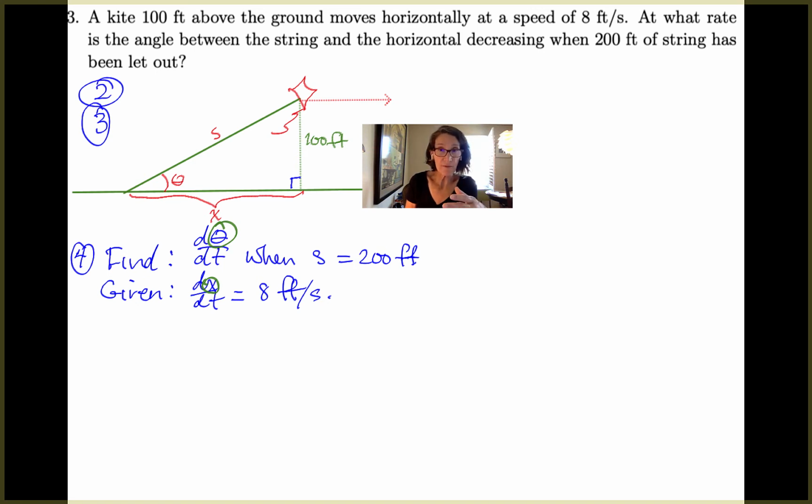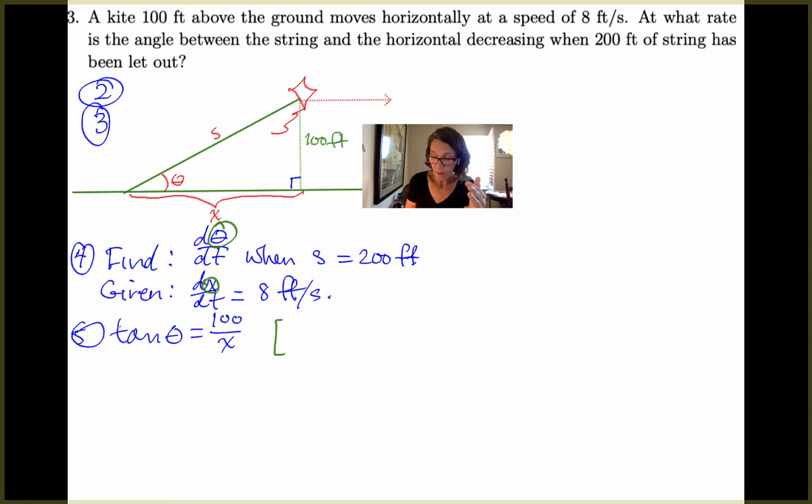You just need to have everything in terms of x and theta. So the equation we all decided to use, or I recommended that we use, I think a student came up with this, and I said, yeah, this one has just a theta and just an x. So it's tan theta equals 100 over x.